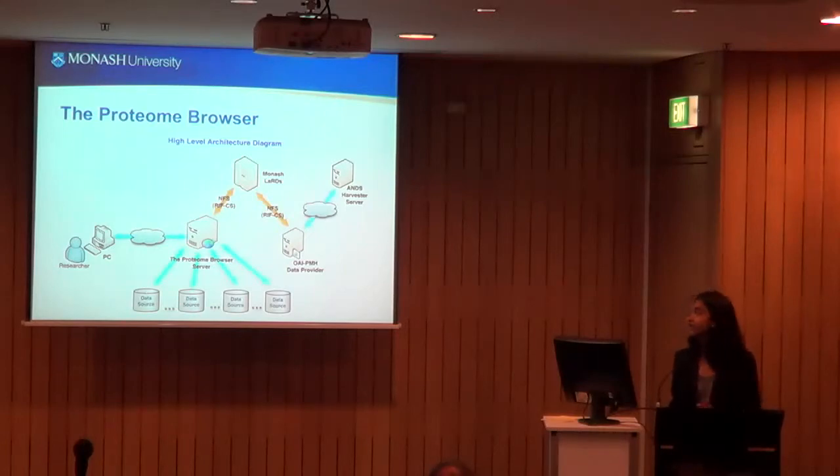From Tranche and Pride, it gets picked up and curated by sources like NextProt and GPM that Jeff showed you on a previous slide. There are other data sources that we are collating as part of this project, such as GPM, NextProt, Human Peptide Atlas, Human Protein Atlas, and Peptide Atlas. The system is architected to be extensible.